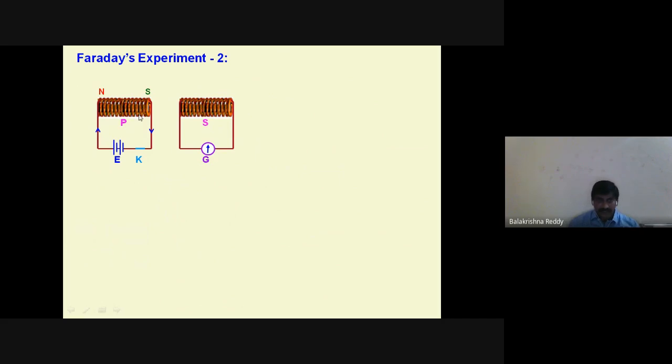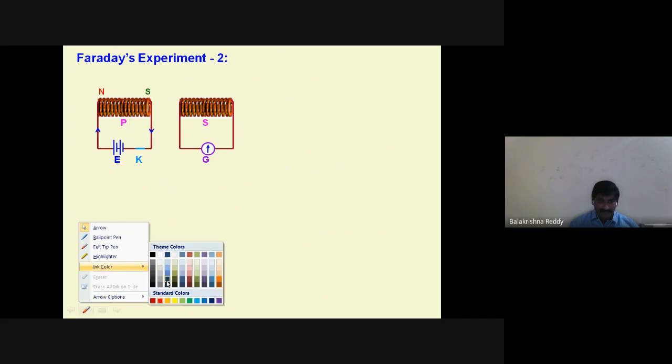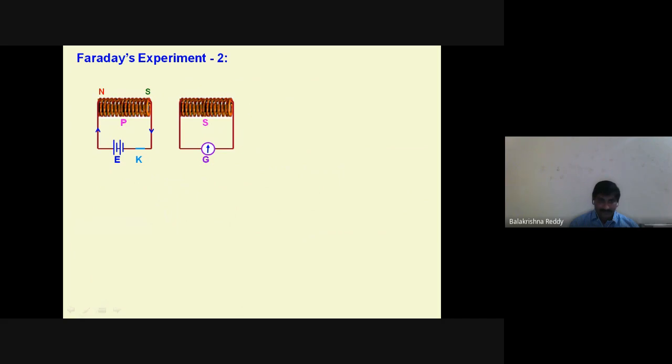Look here, the flux is attached or linked with this coil. Whatever flux is linked, it will get cut or disturbed by this coil. Therefore, that leads to EMF induced or current induced in the coil.